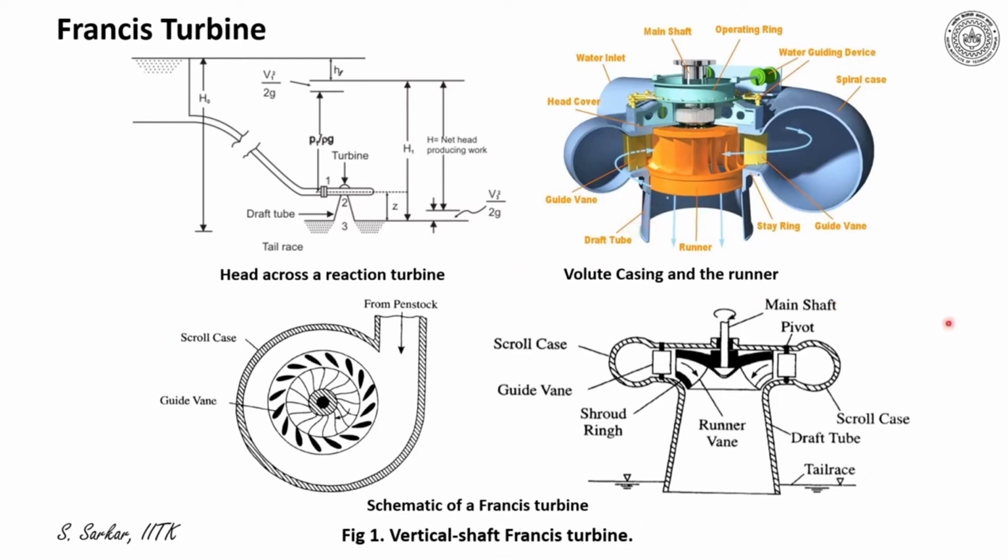Furthermore, I have given here the two sectional views of a Francis turbine, illustrating that the area of the volute casing is gradually decreased, so that at every guide vane, the water enters with almost constant speed.